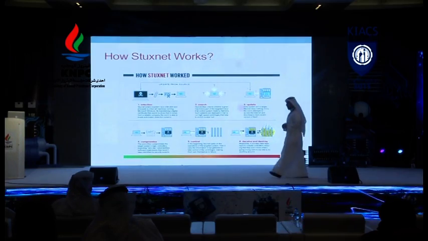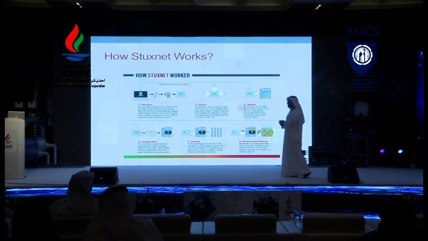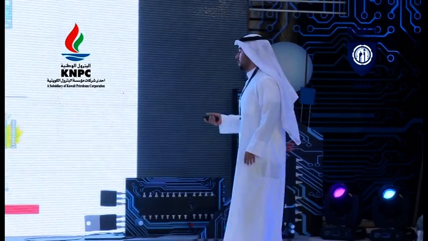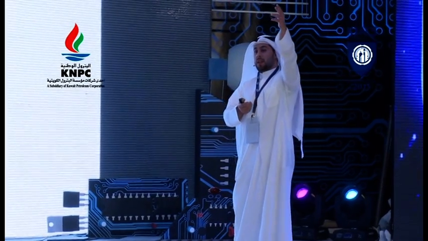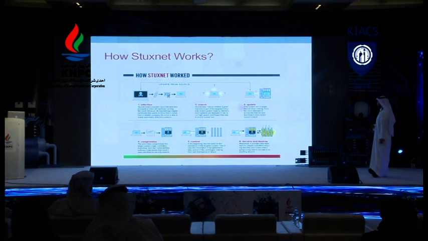So when it scans for PLCs, if it finds the Siemens PLCs, it will check whether it's within the IP address range of the target, for example, in the Iranian IP address range. If so, it will download the latest copy of itself from the internet, and then it will start to compromise.